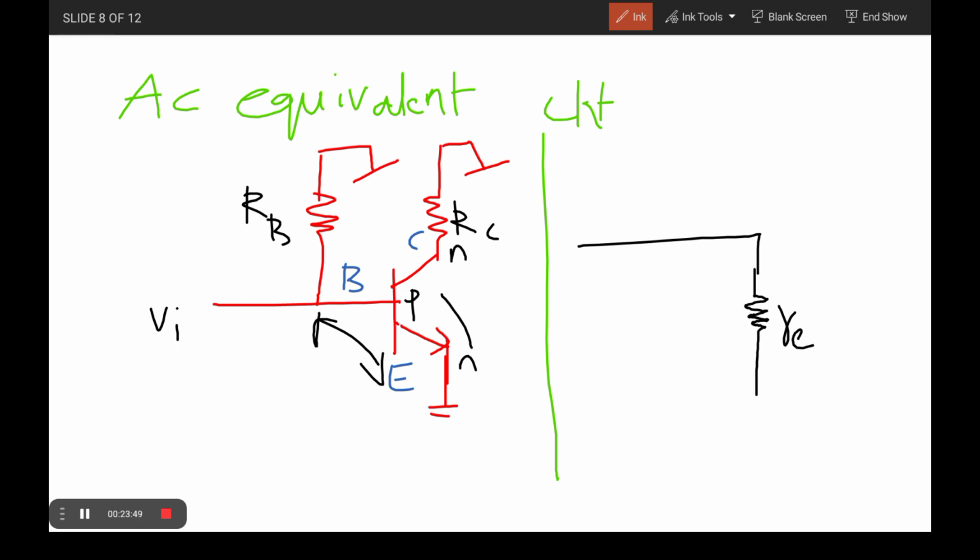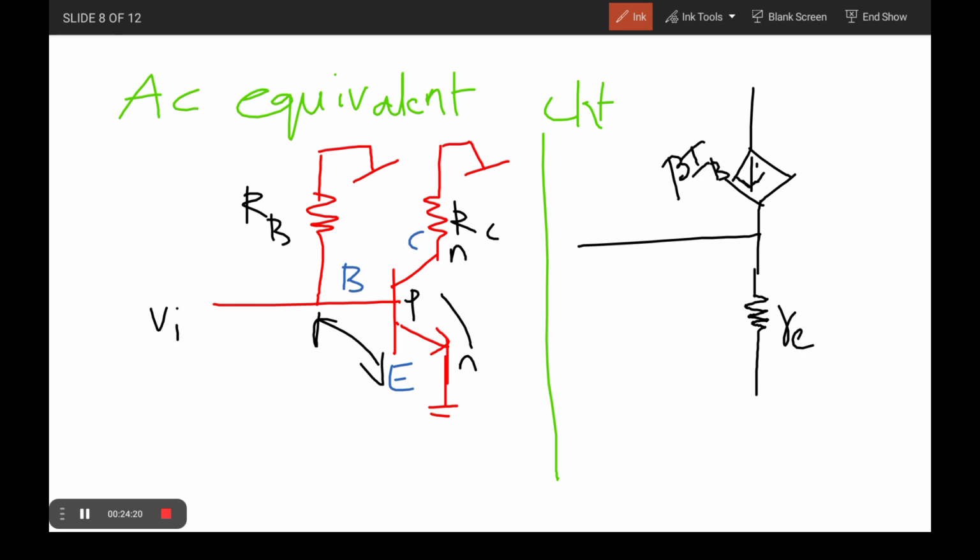At the same time, IC is nothing but a constant current source. Therefore, it can be represented as a constant current source. It is a dependent current source, so it can be represented as beta into IB.